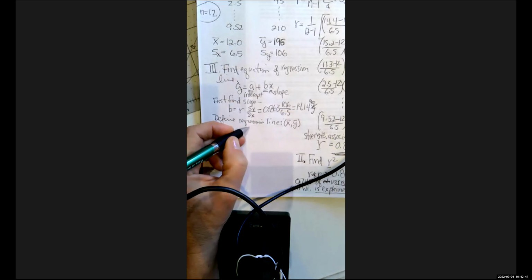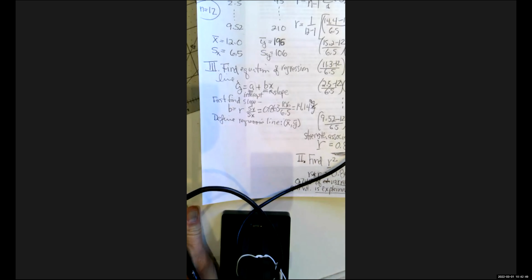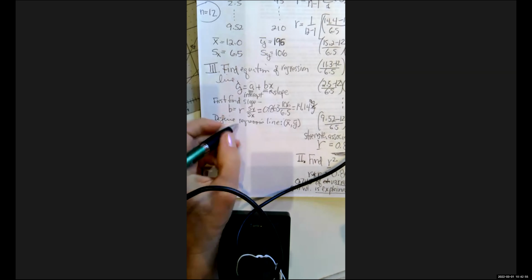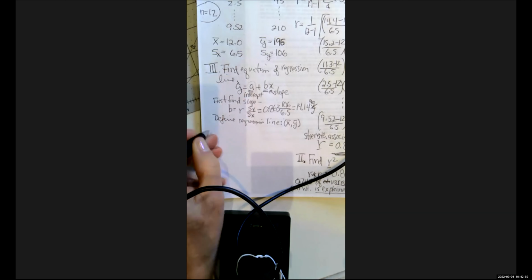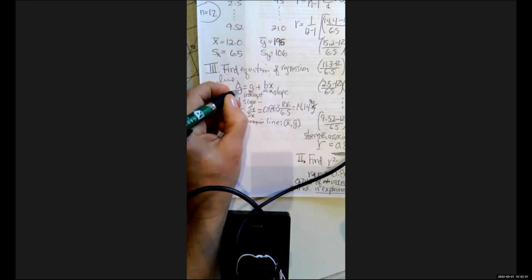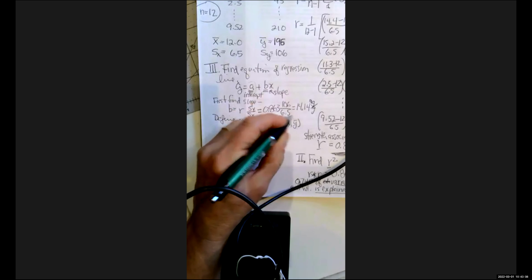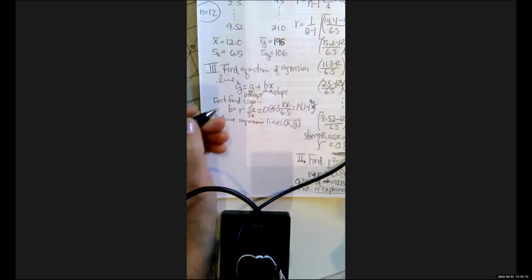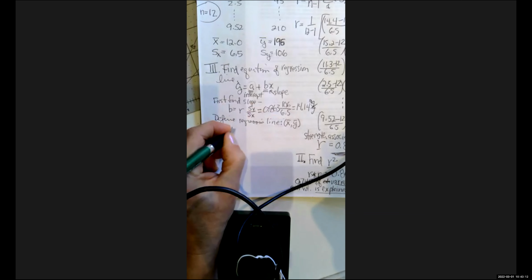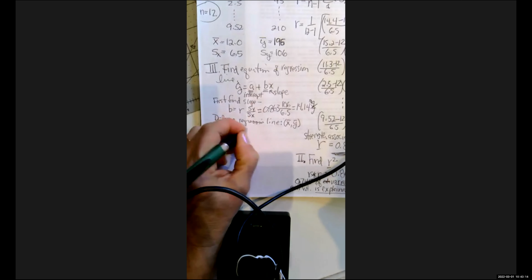So in the way that we have decided to make a regression line, it's going to go through the point x bar, y bar. That allows us to solve for the intercept because we're going to substitute y bar and x bar into our equation, because we have this point.